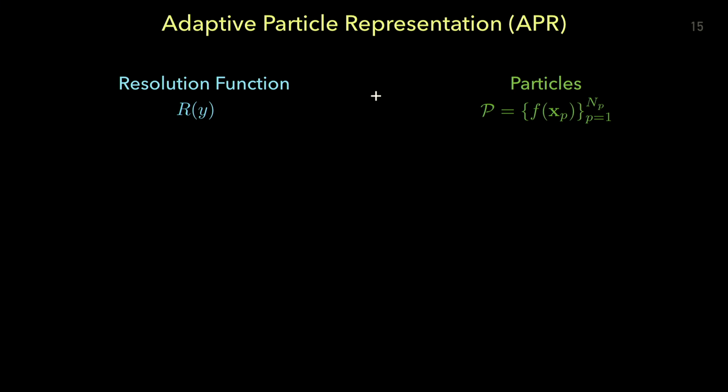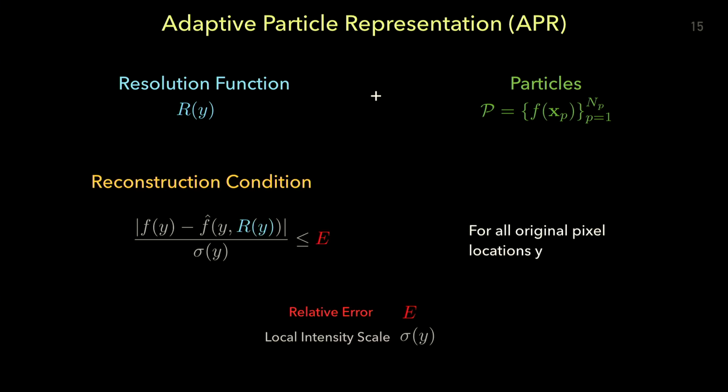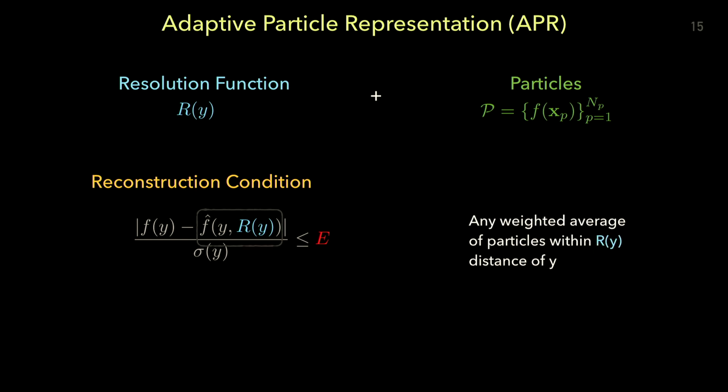So, going a bit more into the mechanics of how the APR works, it has two components. One we call a resolution function, which is piecewise continuous across the domain, and another is a set of particles which actually store our function. What we want to do is find the pair of these such that this reconstruction condition holds for all original pixel locations in the image, where the reconstruction is a weighted average of particles within r of y distance of y.